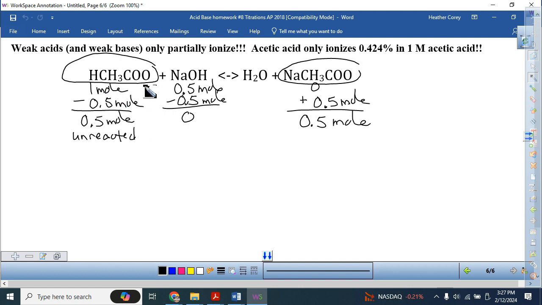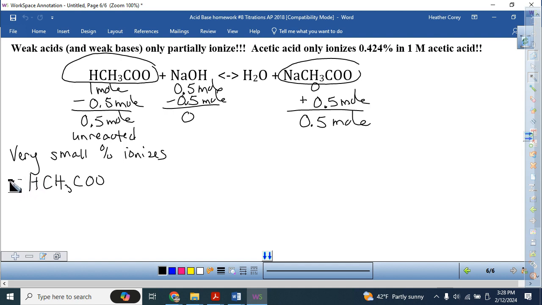And so what happens with the weak acid? Well, most of it stays together. There is a very small, less than 5%, very small percent that ionizes. So most of this stays together as HCH3COO, so about half mole, approximately.